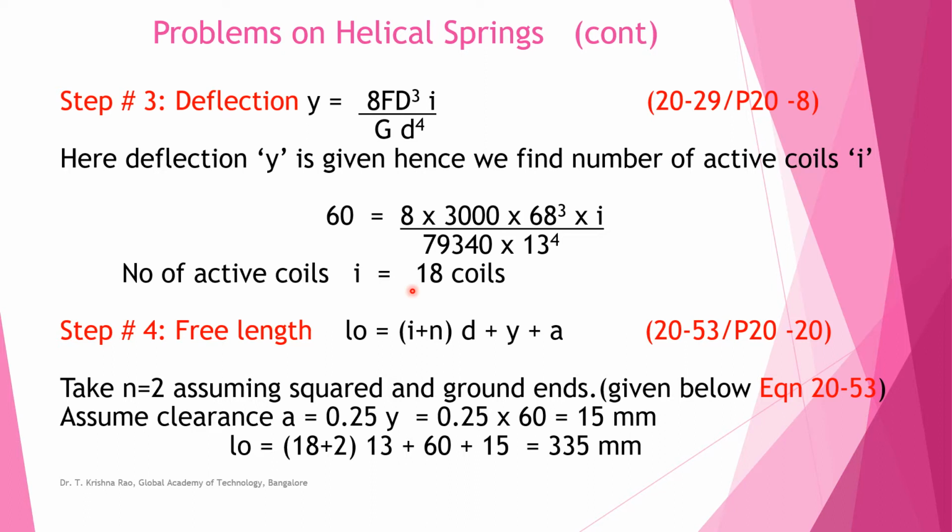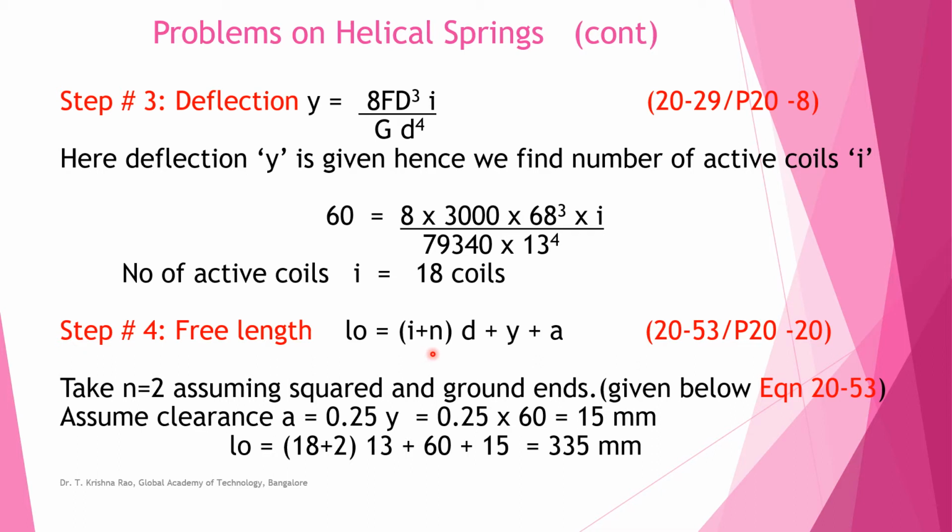But this is active coils. So then we find out the free length, height of the spring, given by equation 20.53 in page number 20. i plus n into d is the solid height plus the required deflection plus some clearance extra for convenience.